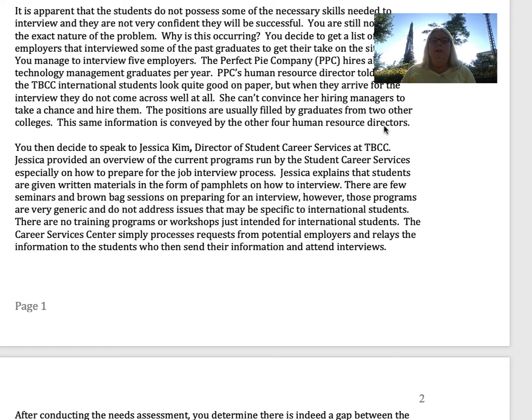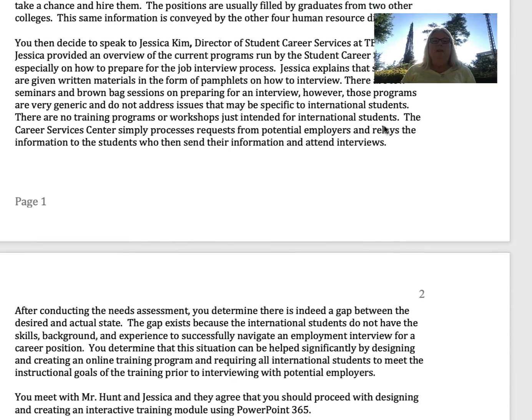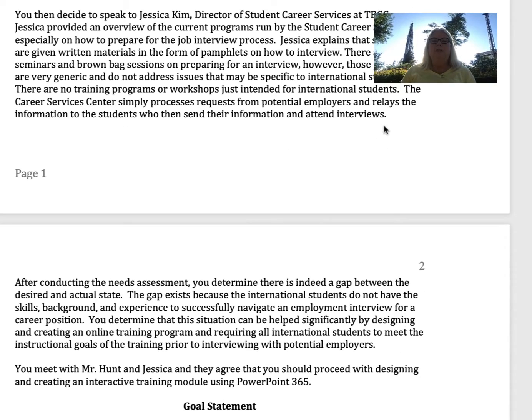And the HR manager there can't convince the hiring managers to take a chance on them. Okay. Then we talked to the Director of Career Services at Texas Bluebonnet, and she tells us that they do very little to help these students. They give them pamphlets, but they don't really train them very well.